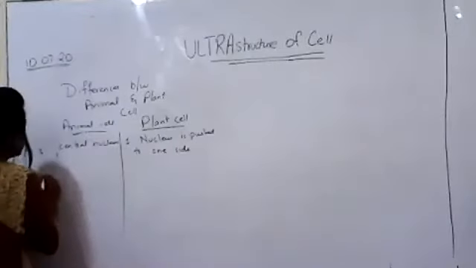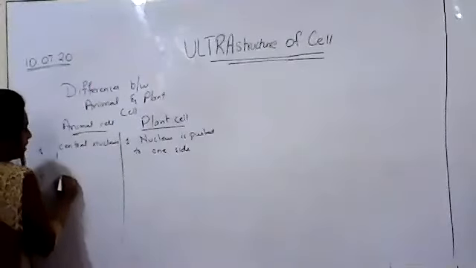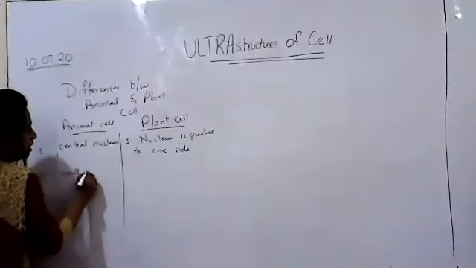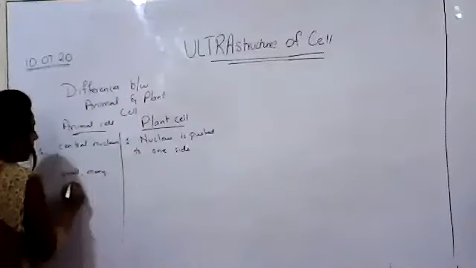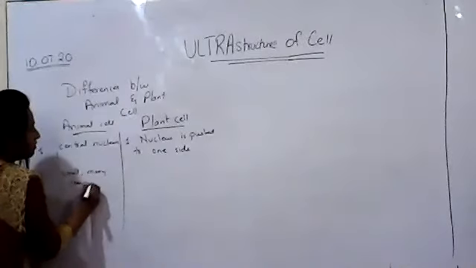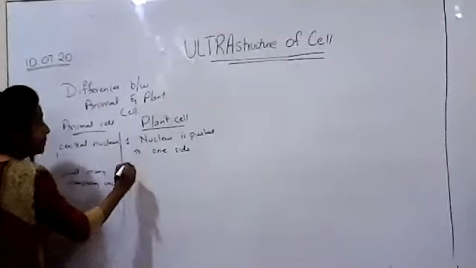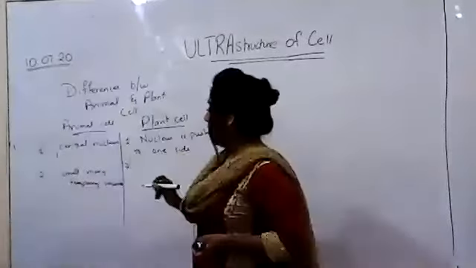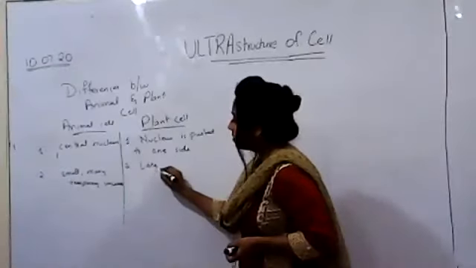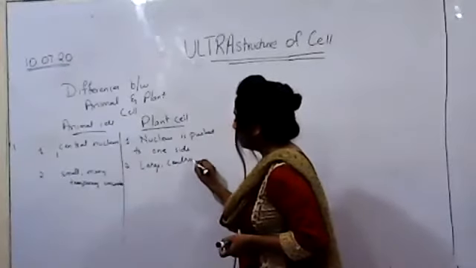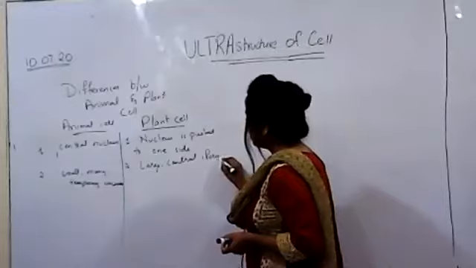The second difference was the vacuole. Animal cells have small, many, and temporary vacuoles, whereas plant cells have a large, central, permanent vacuole.